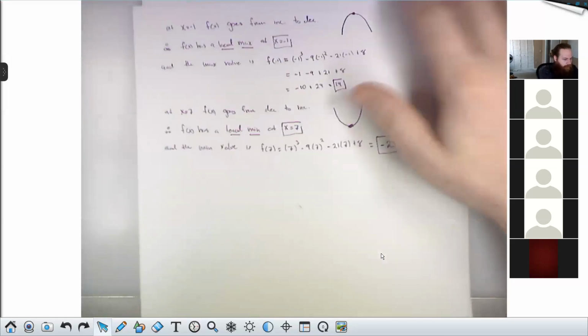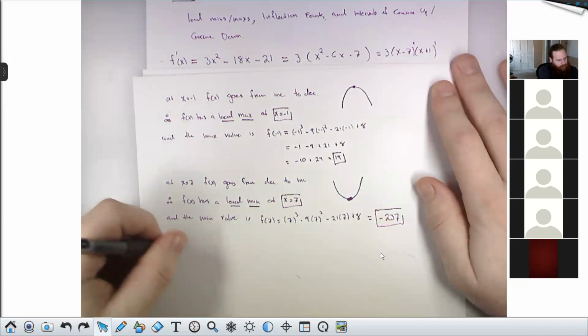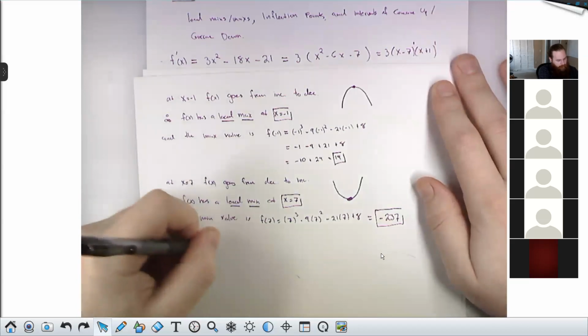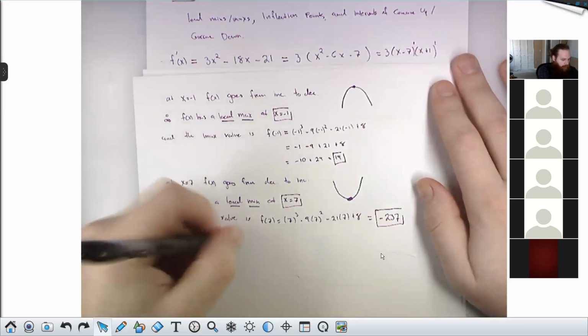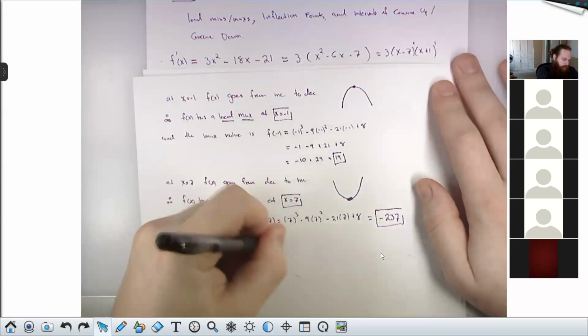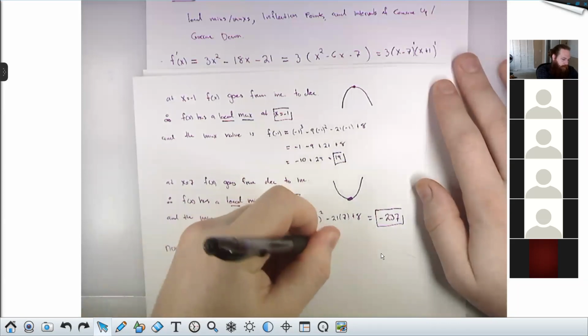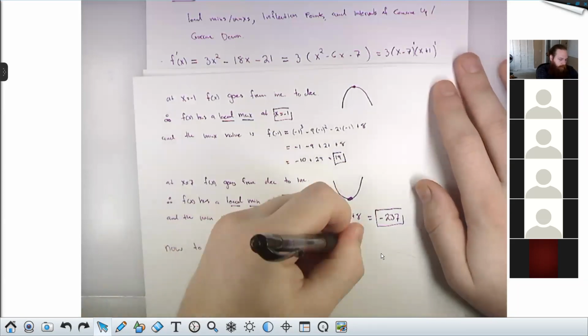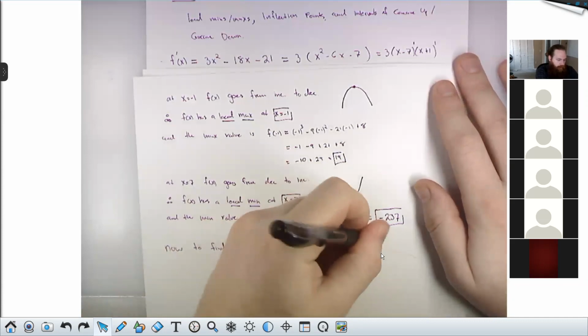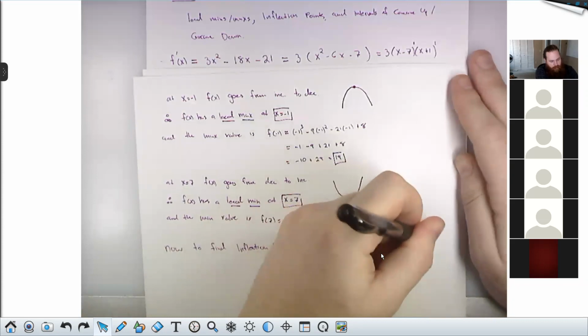So we want to find inflection points and intervals of concave up and concave down.